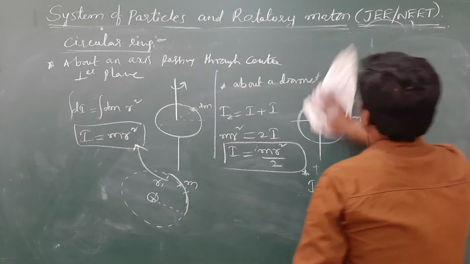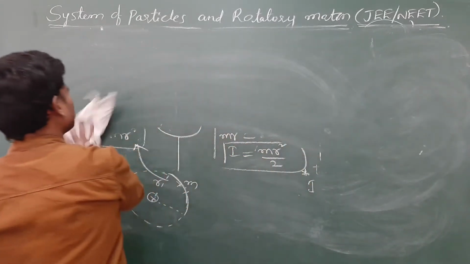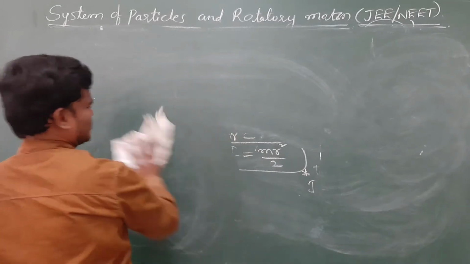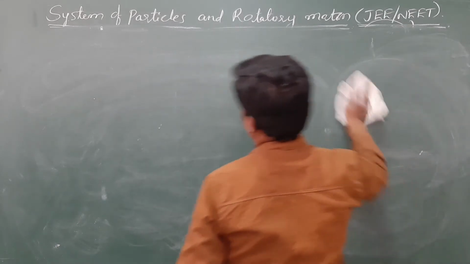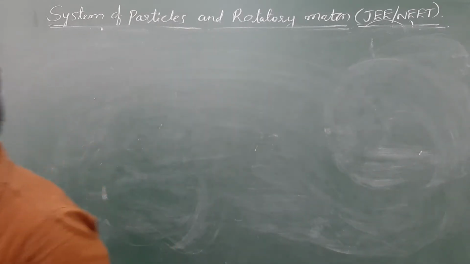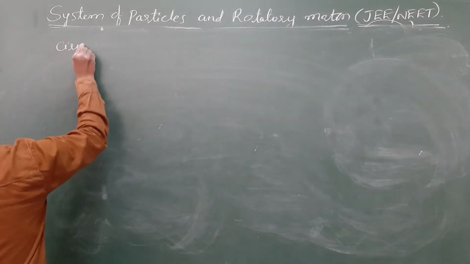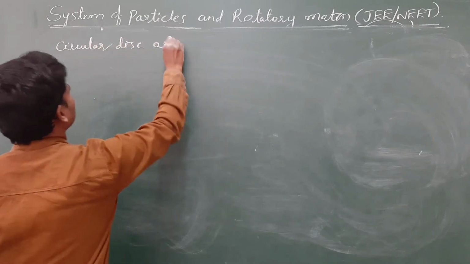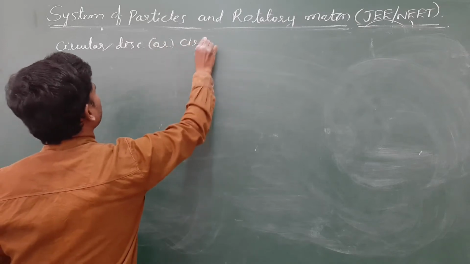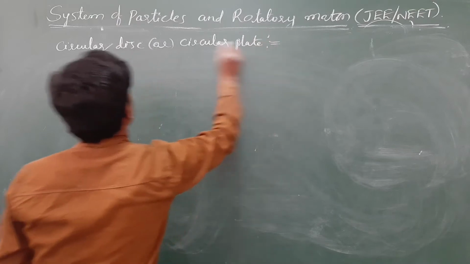Circular disk. Okay, a ring is a linear object. A circular disk is areal. So use sigma to find for a square plate and circular disk. Now the target is the moment of inertia of a circular plate, circular disk, otherwise circular plate, whose radius is r.